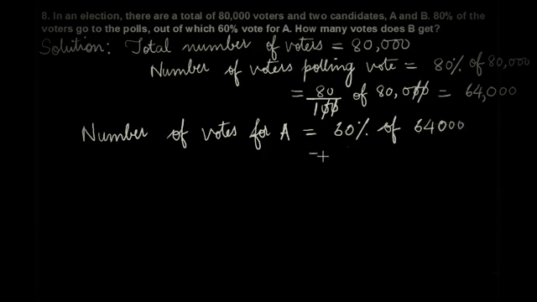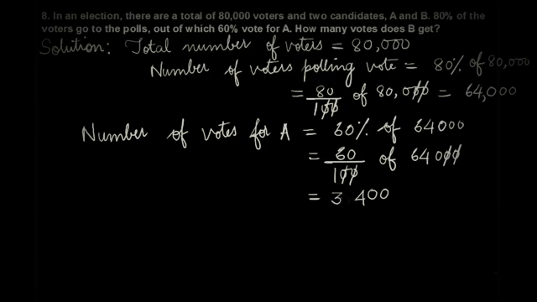So that is equal to 60 by 100 of 64,000, where we can cancel the two zeros. So we'll get a double 0 out here. 6 into 4 is 24, 6 6s are 36, 37, 38. So 38,400 is the votes for A.